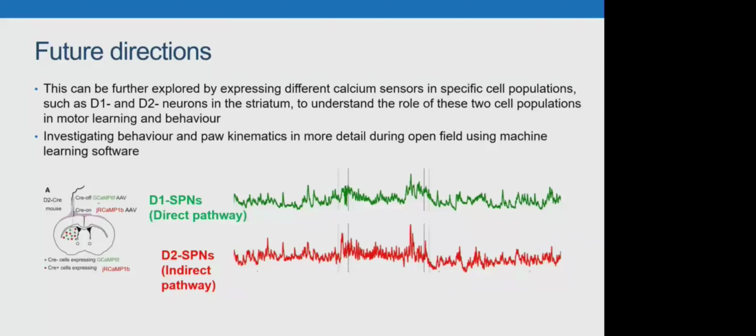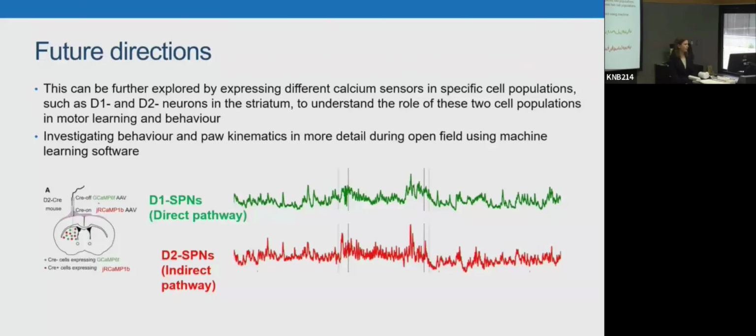And a more technical question, you have the slide up there with the green fluorescent and the red fluorescent. So how do you get this into the specific cells? How do you know that the green goes into the D1 and the red goes into the D2? How do you do that? So for these studies, we inject them, and they're genetically expressed in the different cell populations.